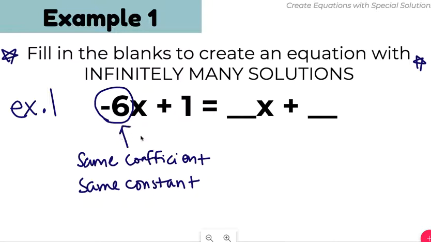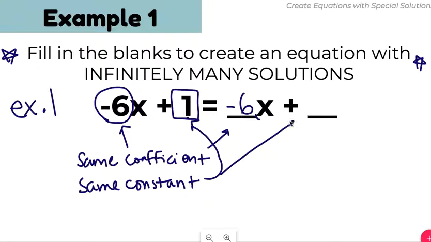If I have to have the same coefficient on the other side, I look for my x and I make the coefficient -6. Then I need the same constant on each side. Well, my constant is a 1, positive 1. So on the other side, my constant will be a positive 1.